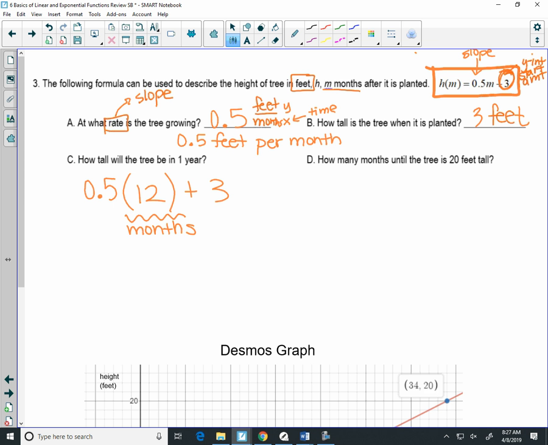I would not type into Desmos until I write something on my scrap paper, even if it's just to focus me in or help me process the problem a little further. We talked about using scrap paper all year long, but this is where you really want to be practicing using scrap paper on every problem. Write something down. Did anybody put that in to a calculator? It's nothing. So 9 feet.